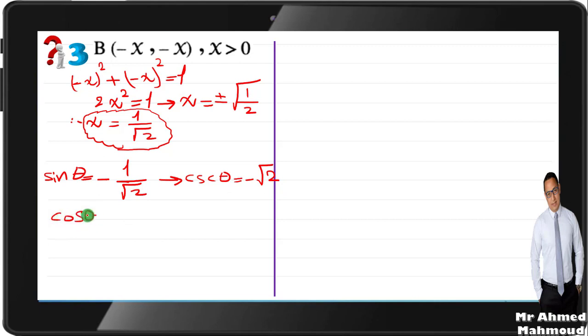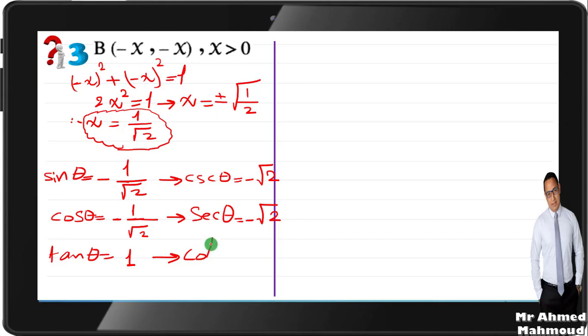Cosine theta equals negative x, which is negative 1 over root 2. And sec theta equals the reciprocal of this, which is negative root 2. Tan theta equals sine over cosine, negative 1 over root 2 over negative 1 over root 2, which equals 1. Cotan theta equals the reciprocal of 1, which is also 1.